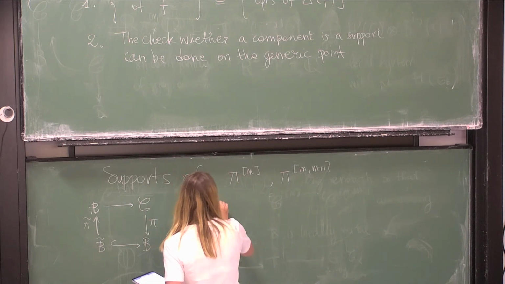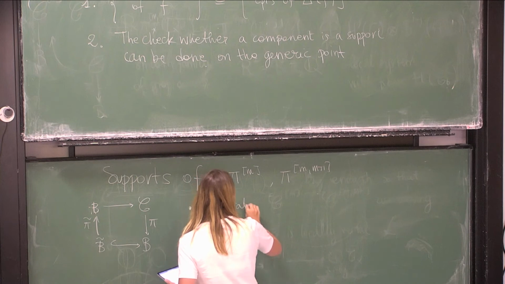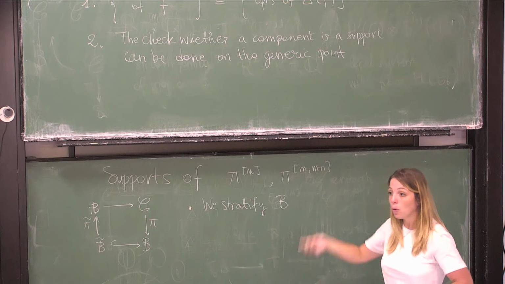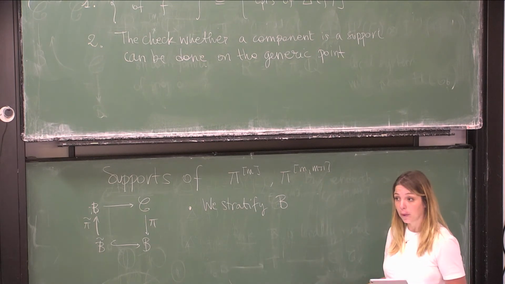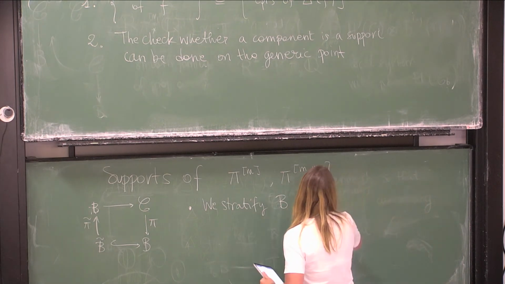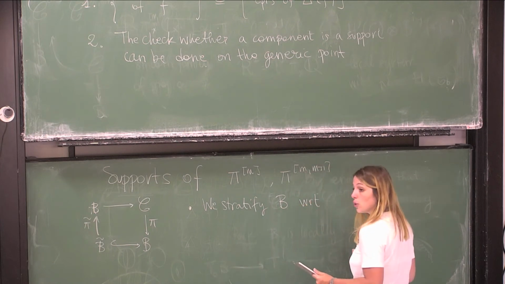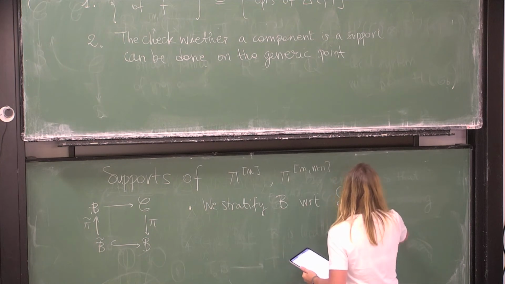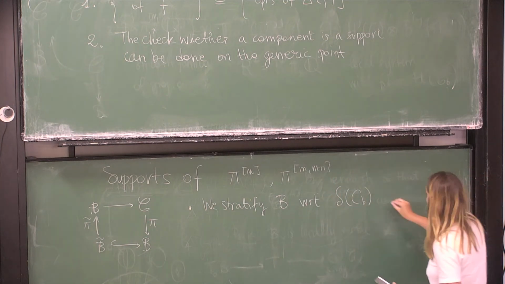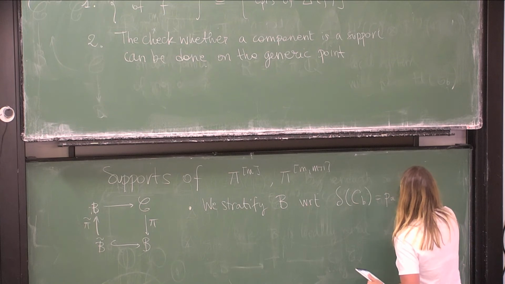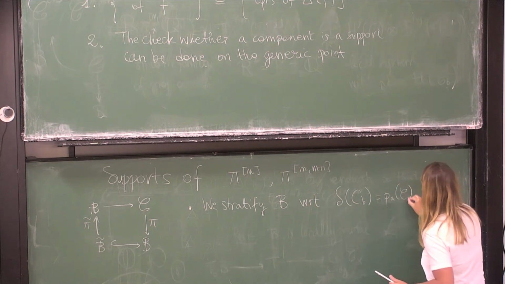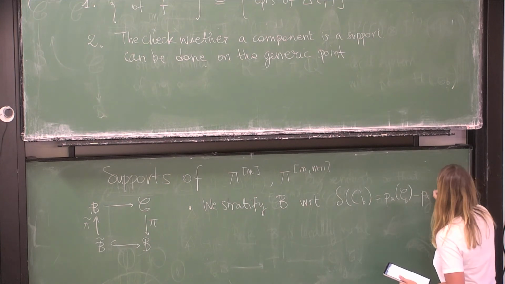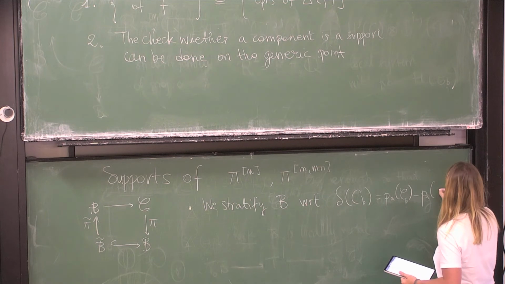We stratify B, and we always have to stratify with respect to the fiber, with respect to the so-called cogenus of the fiber. This is called delta of C_b, and indeed this is nothing but the difference between the arithmetic genus of the fiber over point b minus the arithmetic genus of its normalization.